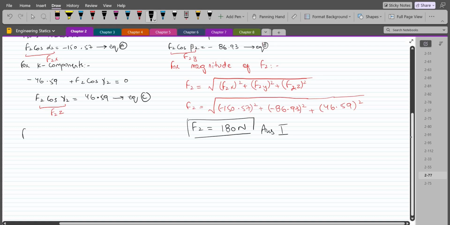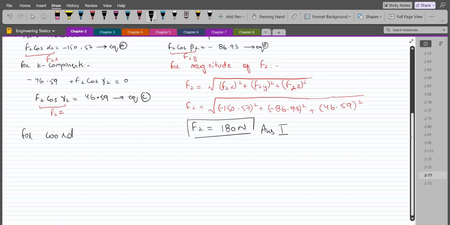And now for the coordinate direction angles.